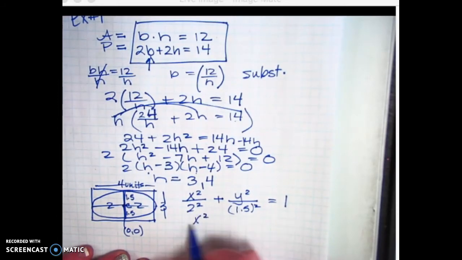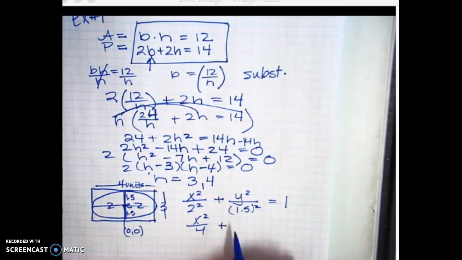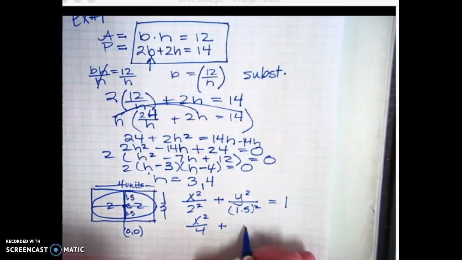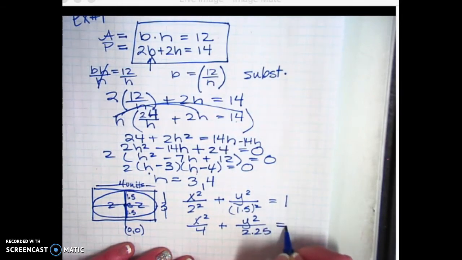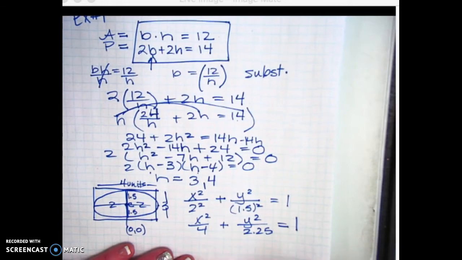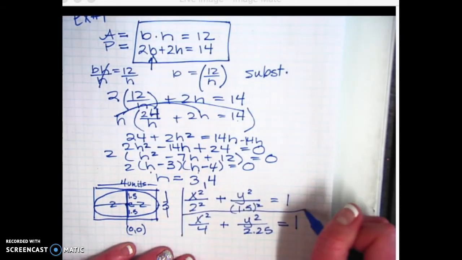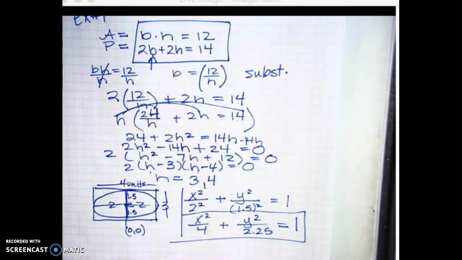X squared over 4, and then what's 1.5 squared? I'm sorry, I'm going to type that in my calculator. 1.5 squared is 2.25. So y squared over 2.25 equals 1. So this is your ellipse, the ellipse that's inside that rectangle, and that rectangle is a 4 by 3, has an area of 12 and a perimeter of 14. All right.